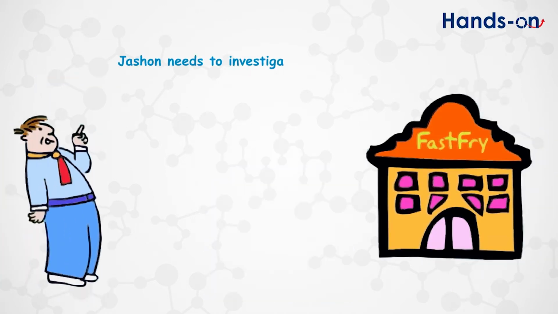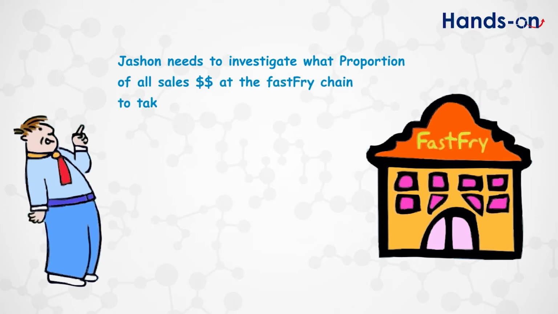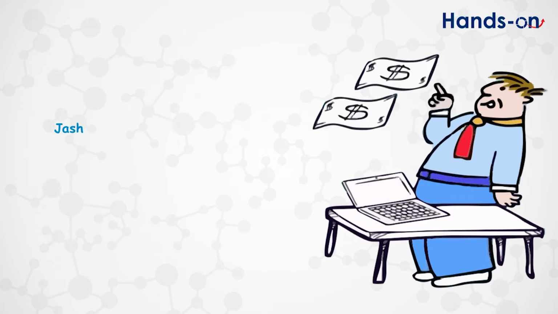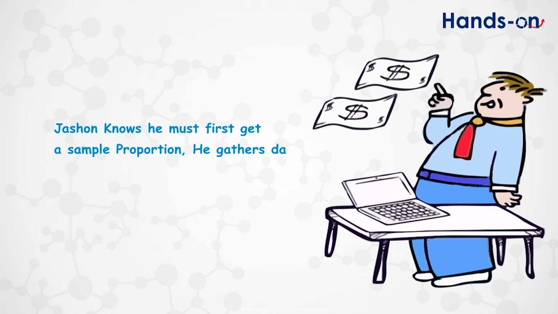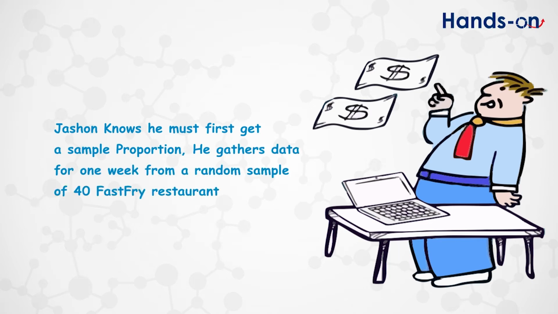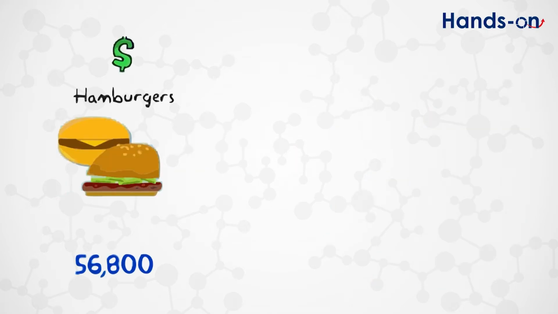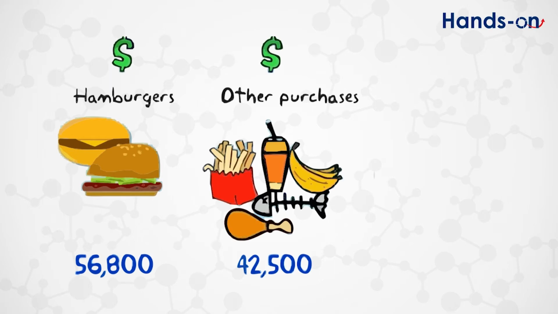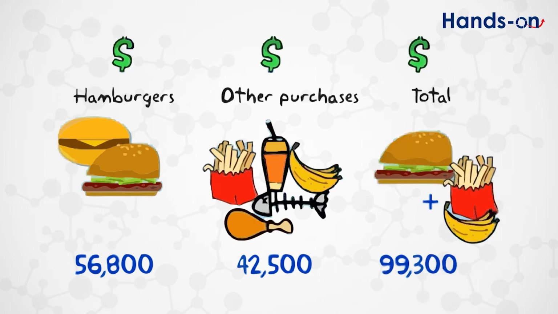Jason needs to investigate what proportion of sales at the fast fry chain of takeaway restaurants now comes from hamburger orders. Jason knows he must first get a sample proportion. He gathers data for 1 week from a random sample of 40 fast fry restaurants, where the purchase of hamburger is $56,800, other purchases is $42,500, and the total purchase is $99,300.